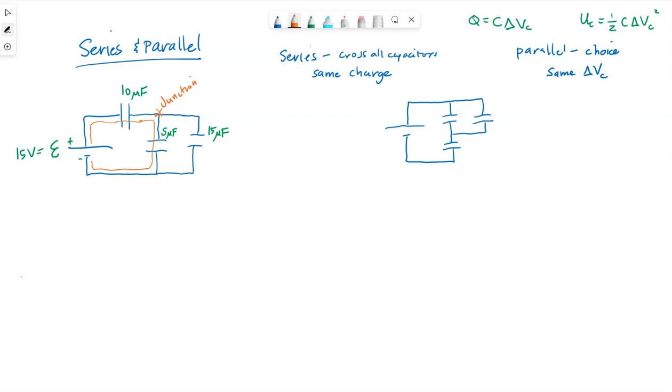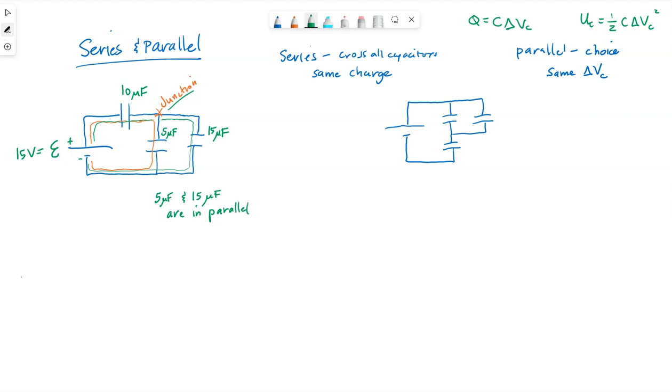Or if my path gets me to that junction again, I could choose to go straight and then down through the 15 microfarad capacitor. And that too will get us back to where we started. This junction, with having the 5 and the 15, the choice to go through either one, means the 5 microfarad capacitor and the 15 microfarad capacitor are in parallel.